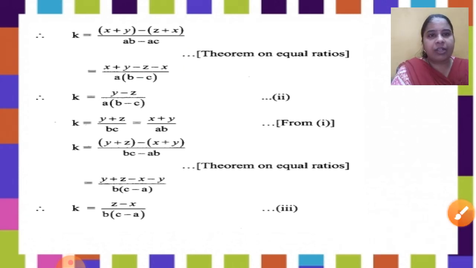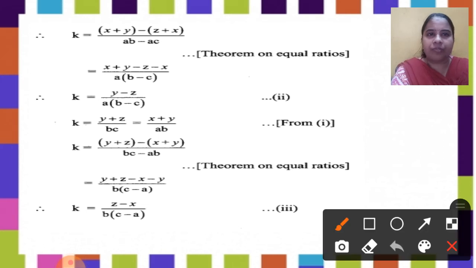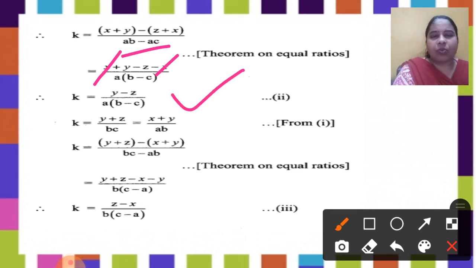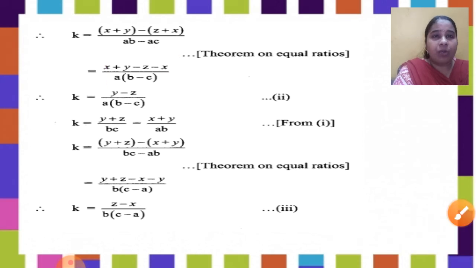Then the terms which can be cancelled, you cancel off. Minus x and plus x can be cancelled, and from here you take a common. So a into b minus c. What is left? k is equal to y minus z upon a into b minus c. Put it as equation number 2. I hope all the steps are clear. What is this now? y minus z upon a into b minus c.